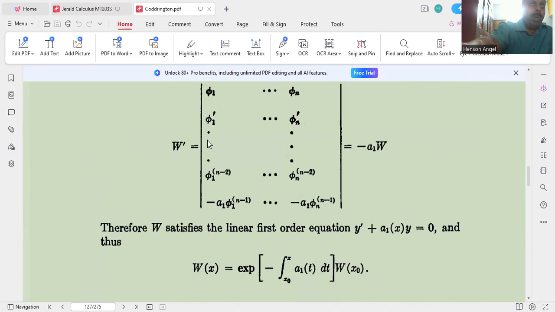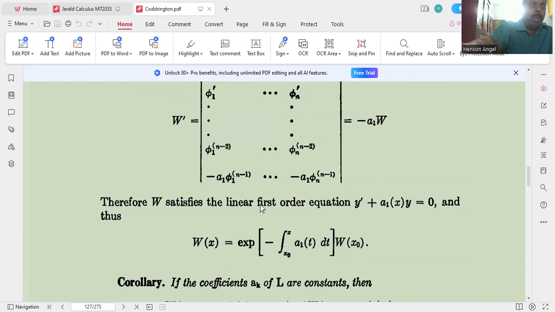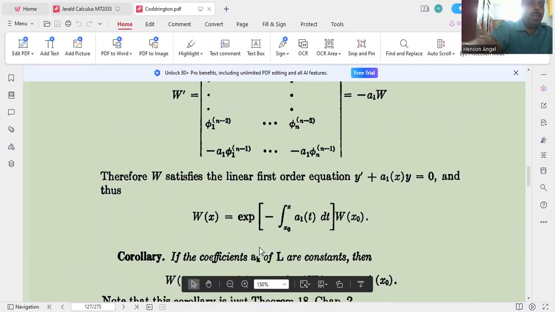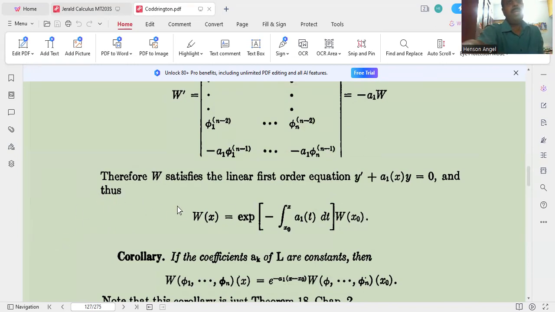So W' can be written as W' = −a1 W. Then we get this differential equation, W' + a1 W = 0. If we solve this differential equation, we get W(x) = e^(−∫ from x0 to x of a1(t) dt) times W(x0). This completes the proof.